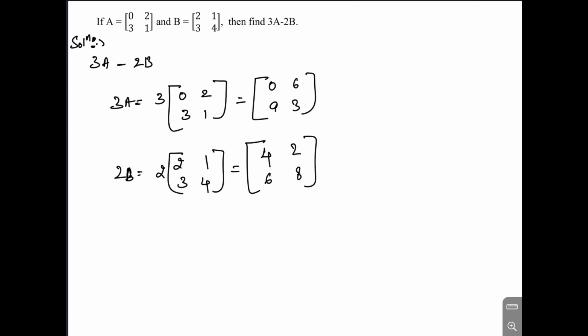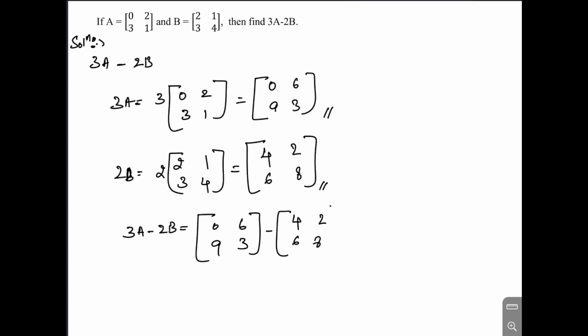We need to find the value of 3A minus 2B. We have calculated the 3A value as well as the 2B value. We can substitute here 0 6 9 3 minus 4 2 6 8.